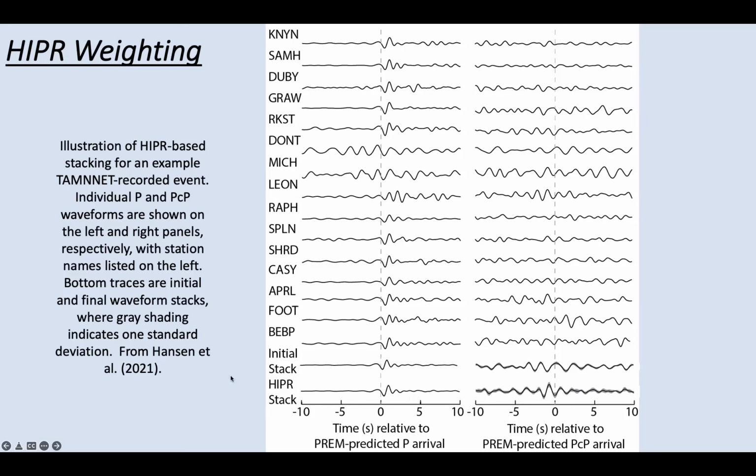So this provides a nice illustration of how HIPR can lead to higher quality stacks, particularly for PCP. If you look at the initial stack versus the final one, the PCP arrival is a heck of a lot more clear. And so HIPR proved to be very useful in identifying events that we could use for our ULVZ analysis.